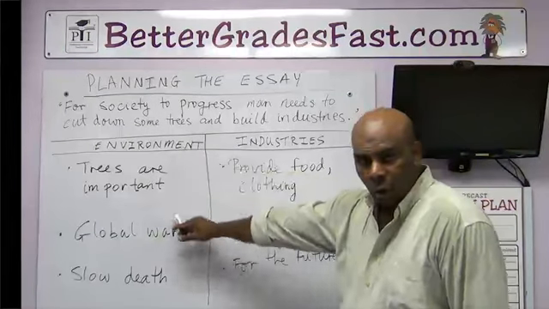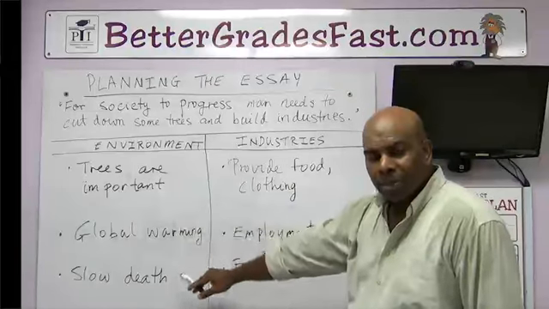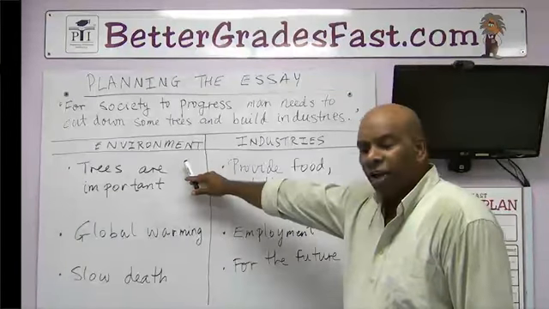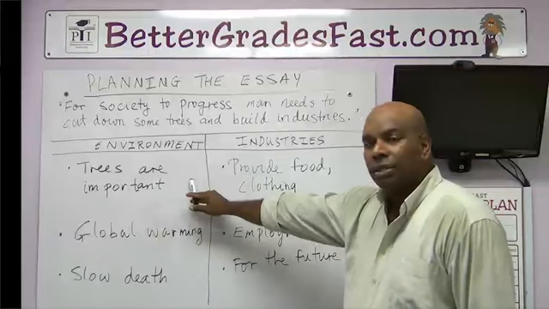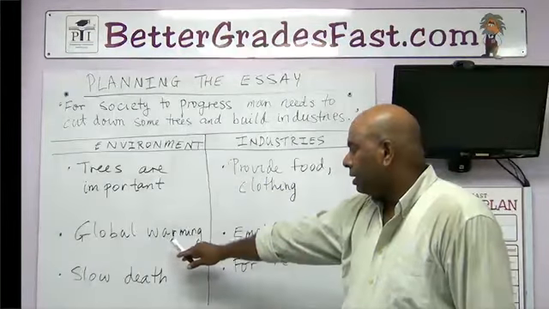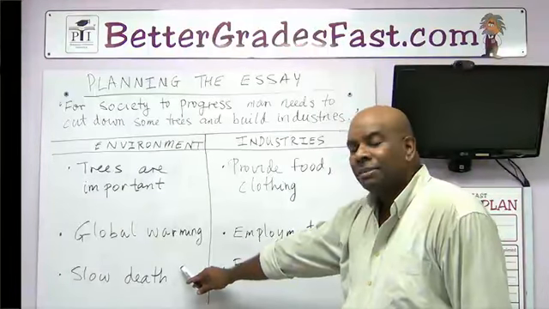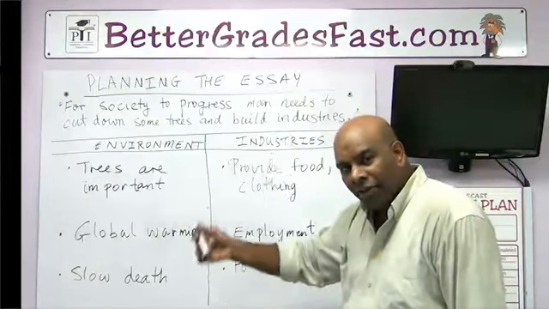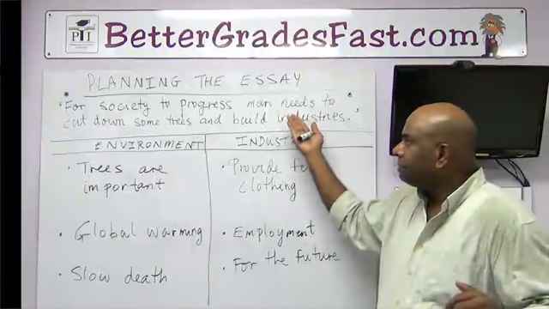In our opposing point of view, or opposing argument, we have the environment. Why we don't have to cut down these trees. Trees are important. They provide a function. It prevents catastrophes like global warming. And it prevents man from having a slow death by changing what is natural.